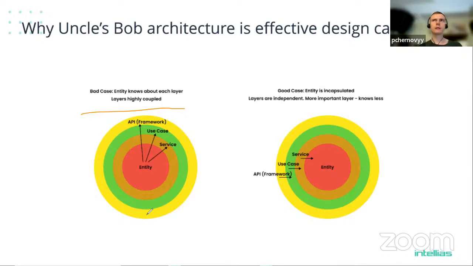So for example, what I mean by service: let's have a look first of all at an API. API could be our router. Use case could be our flow that we want to calculate.